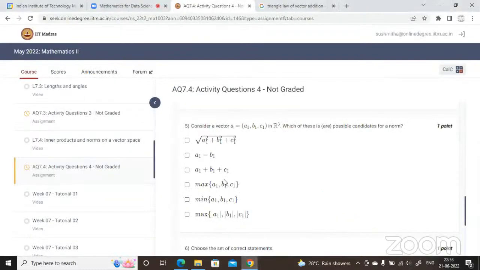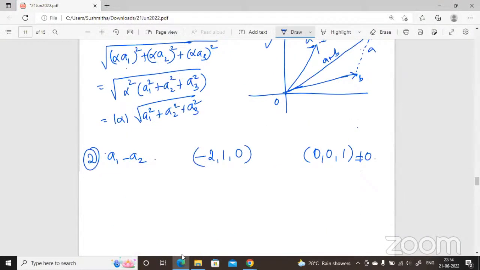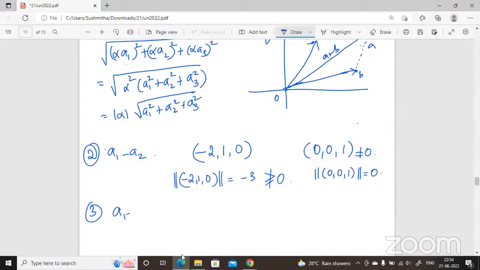Then A1 plus B1 plus C1. What about that? A1 plus A2 plus A3. Can you give me a vector? First term satisfies, so it is no negative term. No, it could be, ma'am, it could be negative, no? Take the same vector, no?